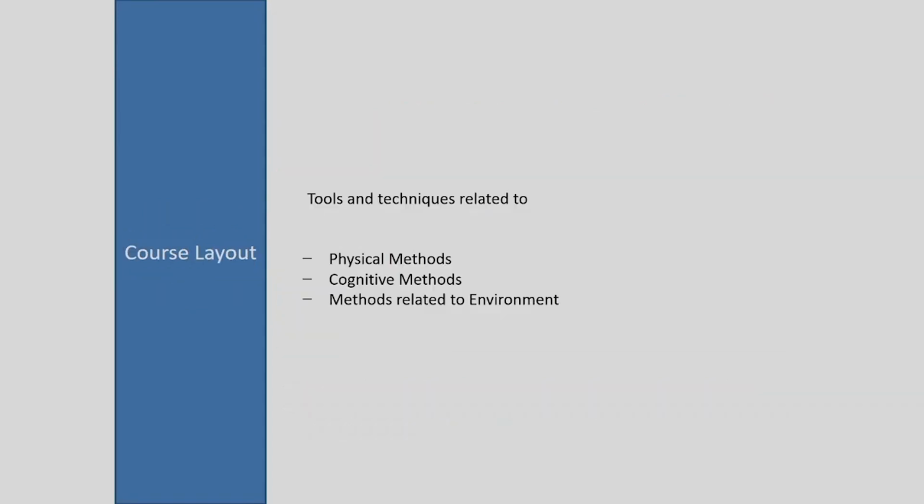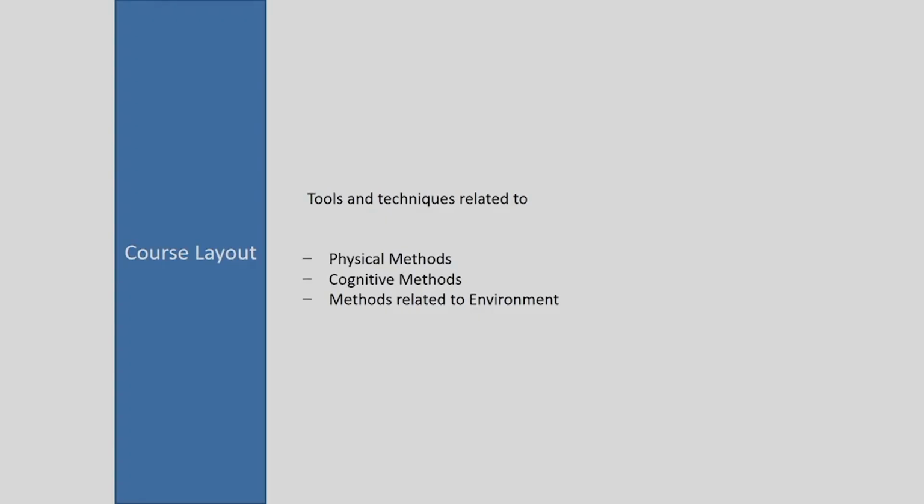During this particular course, we will be talking about 3 major domains and related tools, techniques and methods. First is physical, second is cognitive, and third is the methods available for the environment. This environment is the physical environment, such as light, illumination, thermal conditions and so on.